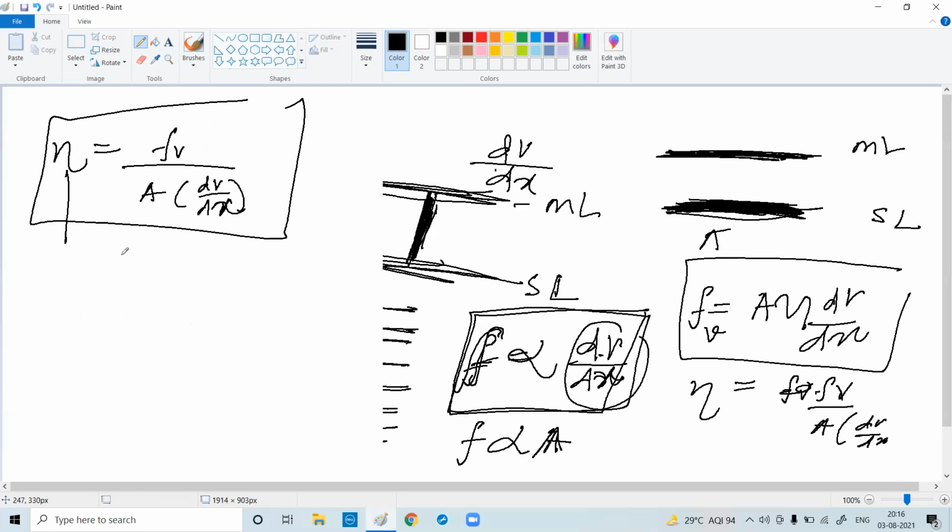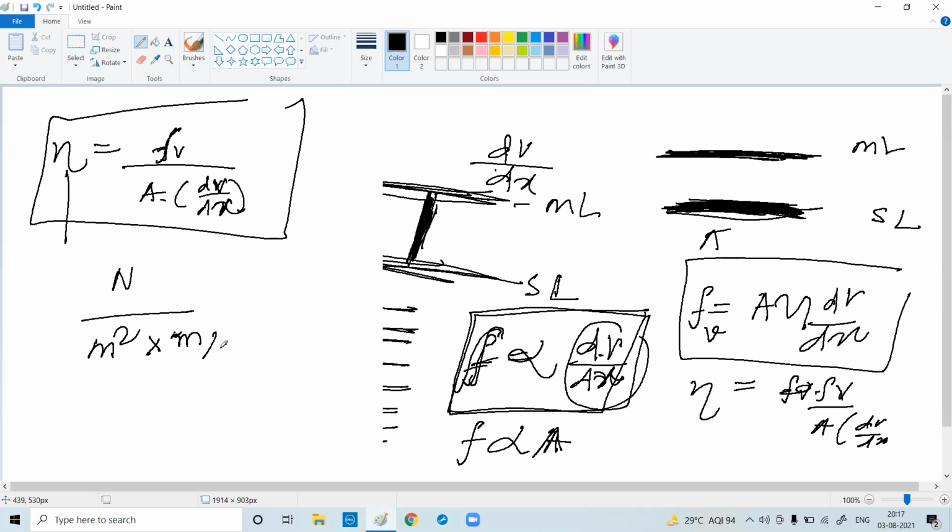And what would be the unit? Viscous force is obviously in Newton. Area is meter square, and this is what? Velocity by distance. Yes or no? So what will it be? Acceleration?